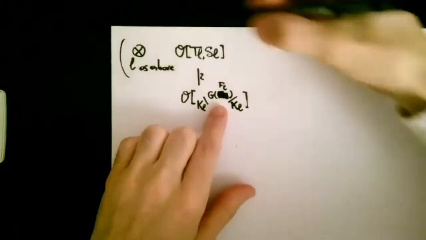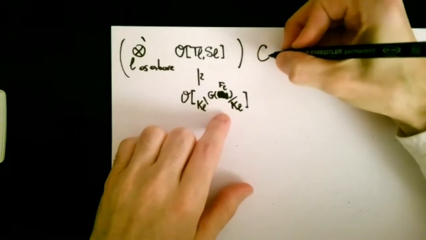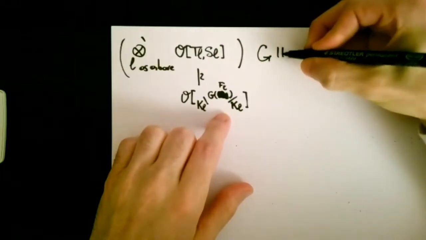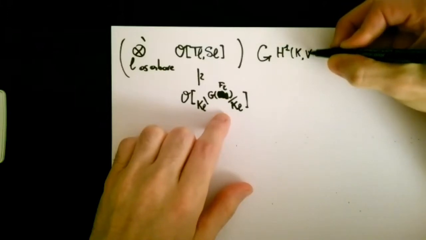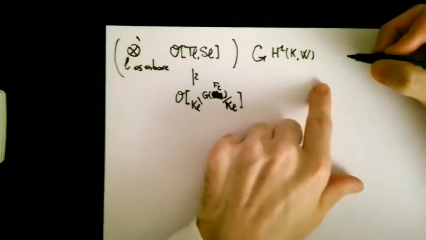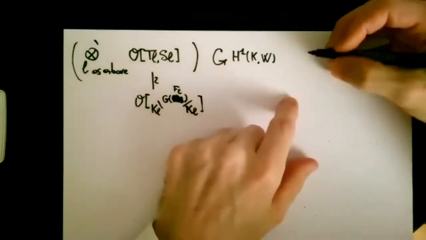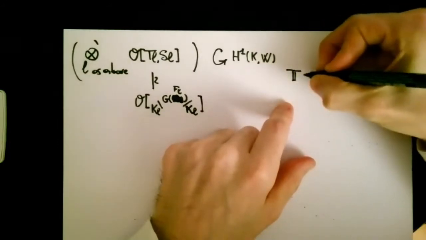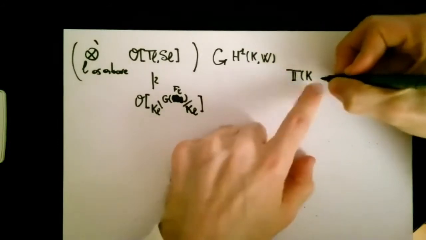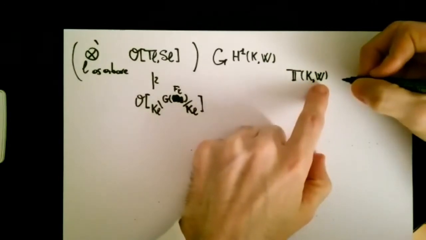So this algebra, which is a restricted tensor product, acts over my cohomology space. And I define the Hecke algebra to be the faithful quotient acting over here. So I define T_{K,W} if I need to specify the coefficient.